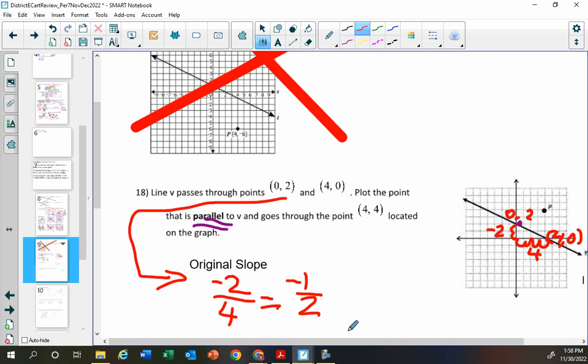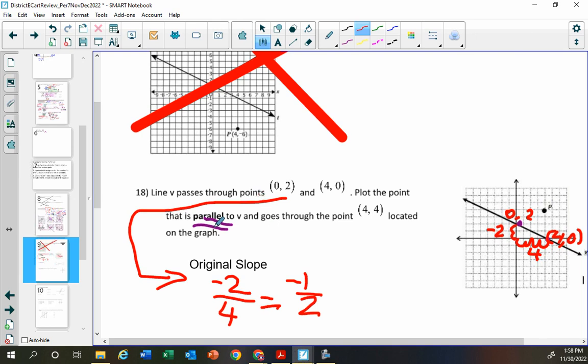But then you could simplify that, because if you're told to find a perpendicular slope, you would flip and change your sign. So the perpendicular slope would be 2 over 1, which is just, what's 2 divided by 1? 2.